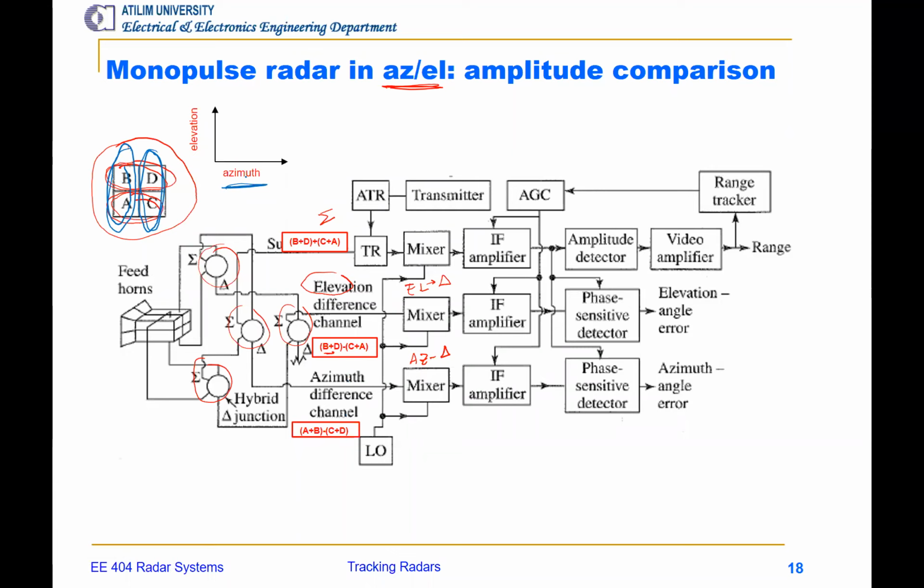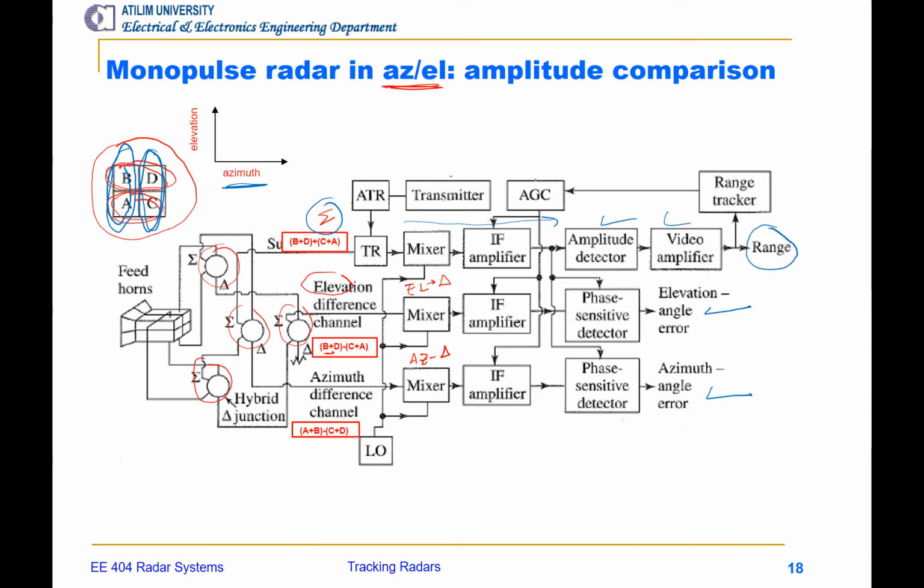So we got then two angle error signals. One is elevation and one is azimuth. And in parallel with that, we got the sum signal, which is coming again from the mixer, and then the IF amplifier, amplitude detector, and video amplifier, and then we got the range.